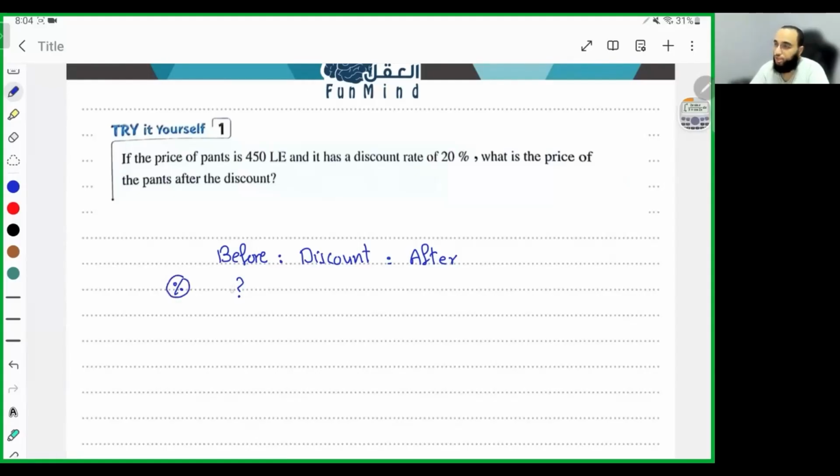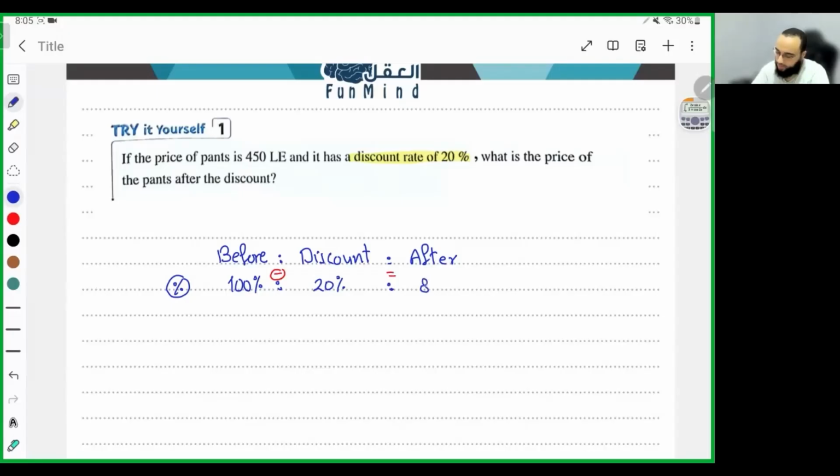Always 100. What is the discount itself? 20%. Then after the discount, you have to subtract the two percentages. It's going to be 80.